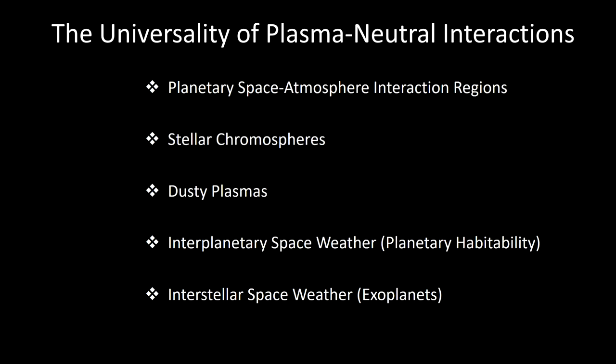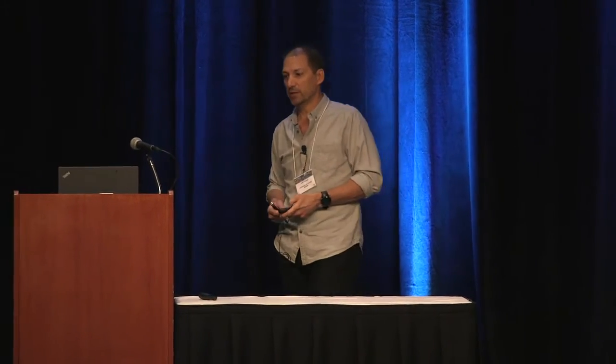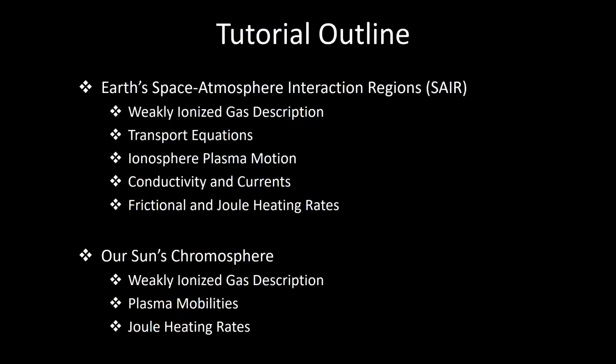And then also just the relationship that these interactions have in determining the planet's habitability, or even recently people are talking about interstellar space weather and the exoplanet evolution with regard to the plasma neutral interactions that must be taking place there.